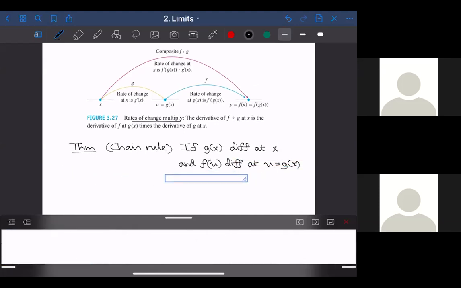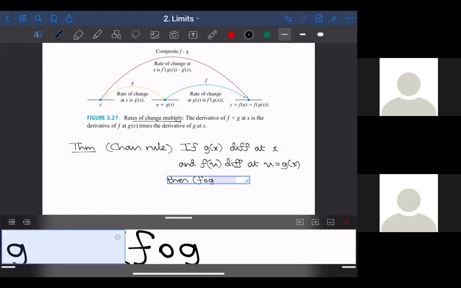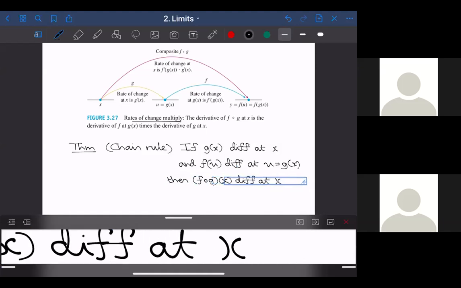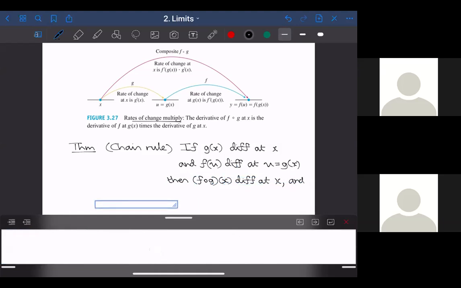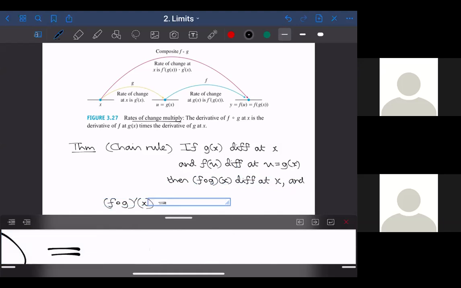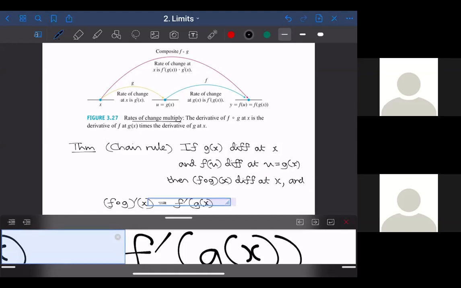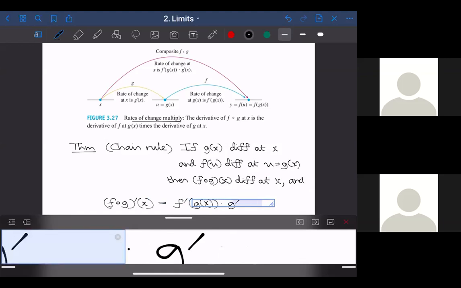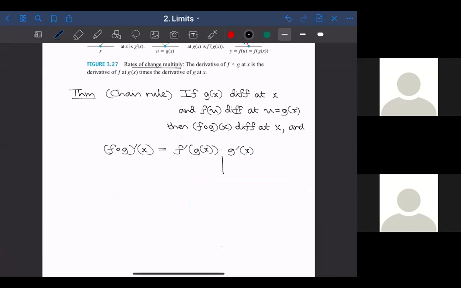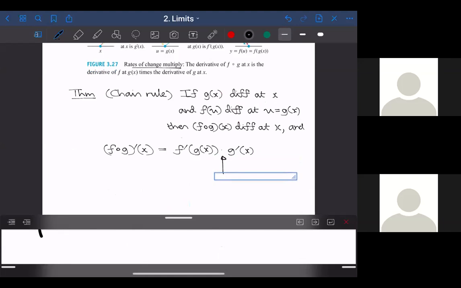Then the theorem says that the composition g then f, which is a function of x, is differentiable at x, and its derivative is the product of the derivative of f, that's f prime, at g of x, times the derivative of g at x. So this here just means multiplication.